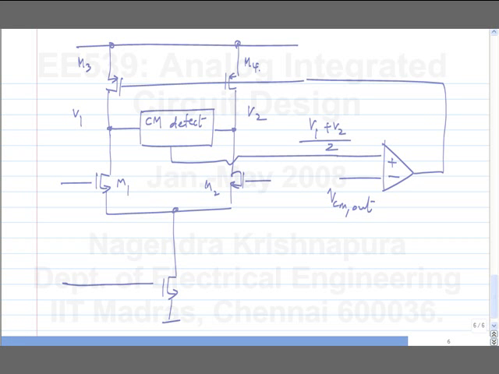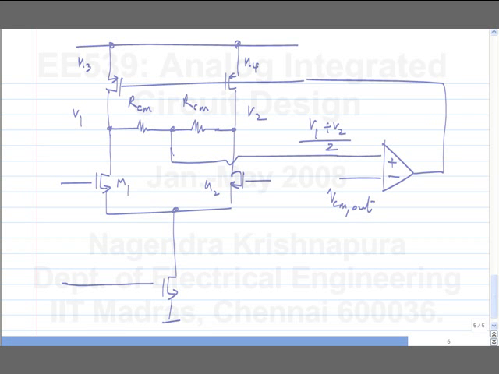You put two identical resistors. So this does work as a common mode detector, right?